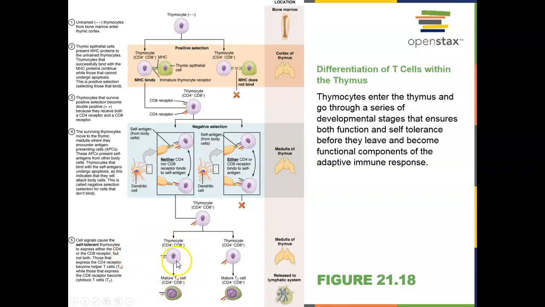They initially expressed both of the proteins, but they're going to remove either the CD4 or the CD8. It just depends on what they want to become. And so over here we have CD4 thymocytes, over here we have CD8 thymocytes. So these are cytotoxic Ts and these are helper Ts. And then they're released from the thymus and they move to the secondary lymphatic tissue where they can then respond to an actual pathogen.